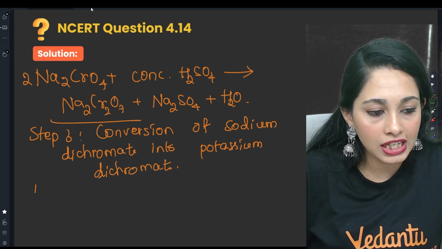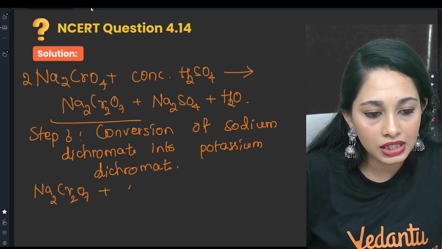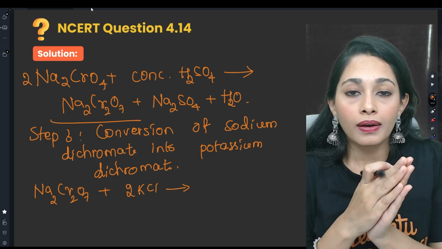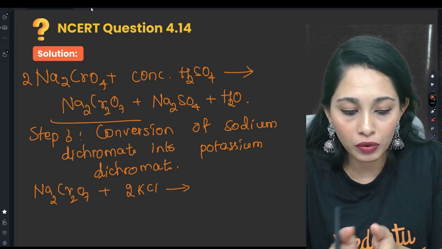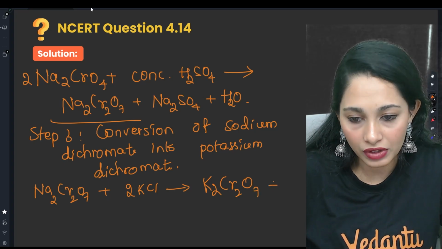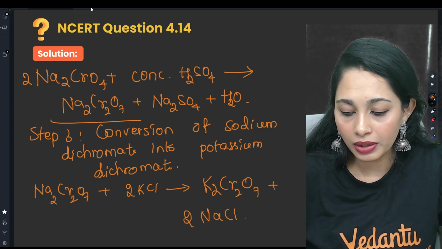The reaction is as follows: Na2Cr2O7 plus 2KCl, potassium chloride. We are going to react sodium dichromate with potassium chloride. It leads to the formation of K2Cr2O7, which is potassium dichromate. Along with that, we get 2NaCl, sodium chloride.